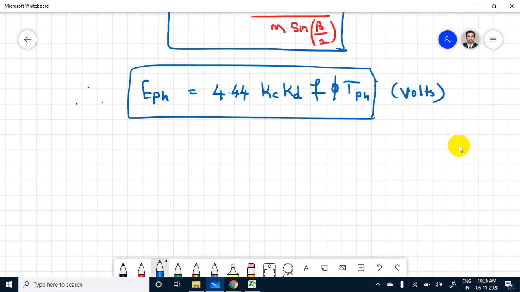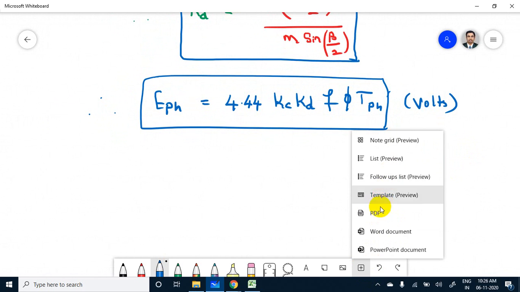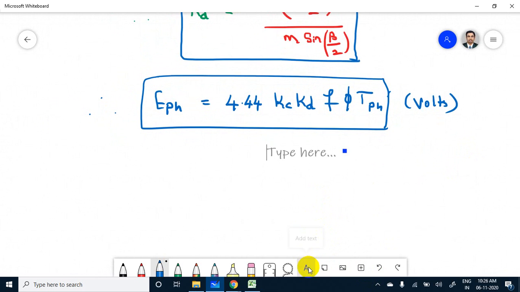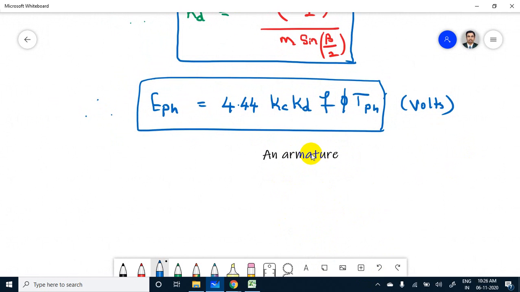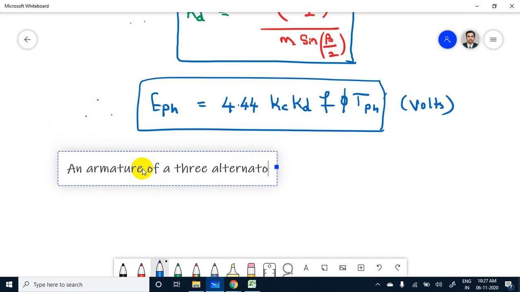Okay, and now we'll solve one problem. The problem is: an armature of a 3-phase alternator has 120 slots.